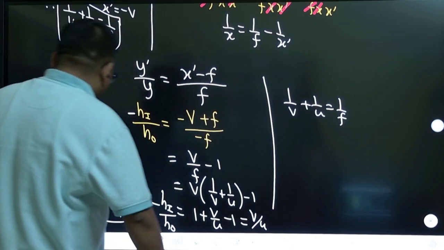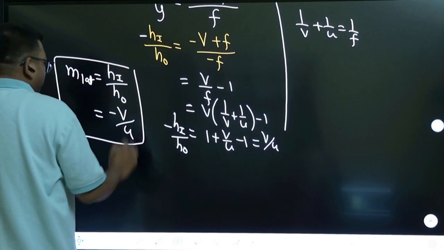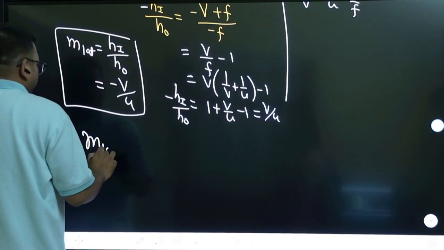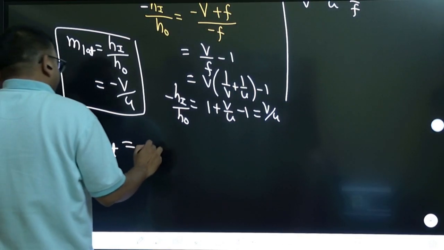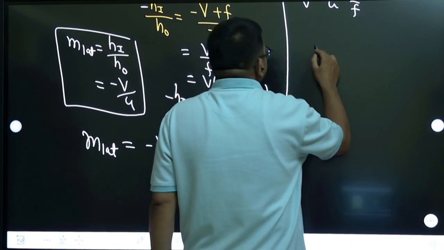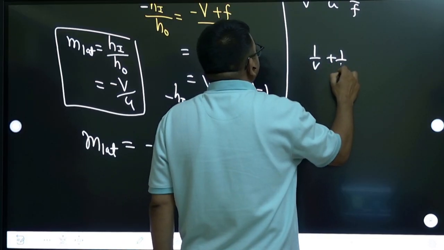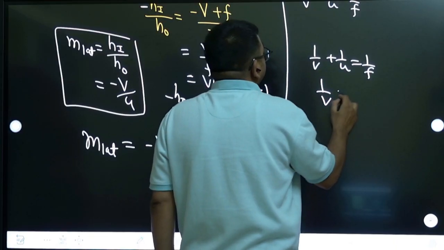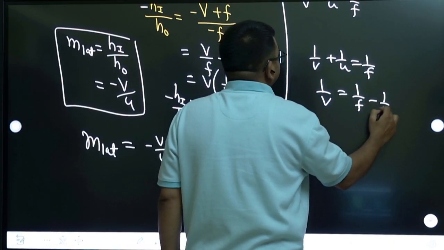Now note that this magnification formula can also be written in another form. The lateral magnification which we have written is minus v by u, and we know that 1 by v plus 1 by u is 1 by f. So 1 by v is 1 by f minus 1 by u.